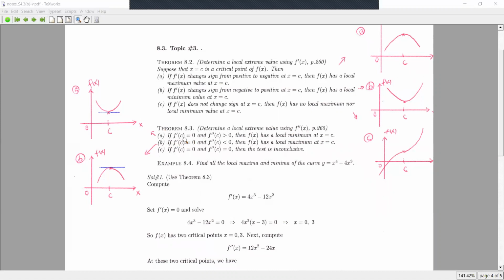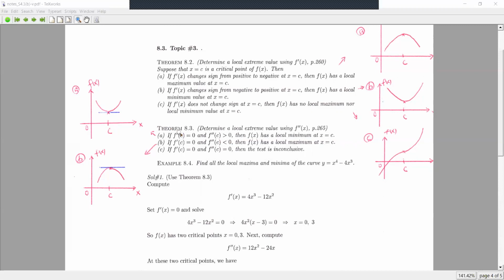If the derivative at the point C is 0 and the second derivative at the point C is greater than 0, recall that the second derivative is about concave up, concave down. Second derivative greater than 0, the graph of the function f is concave up.